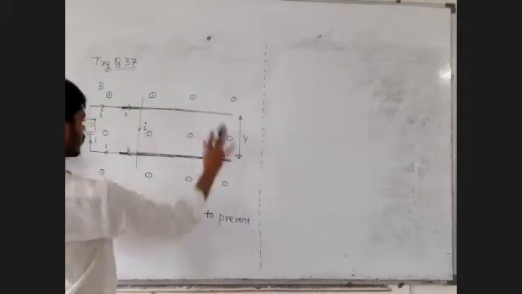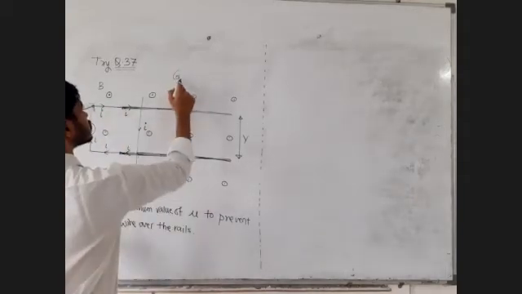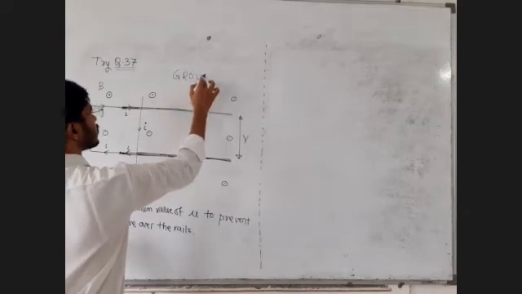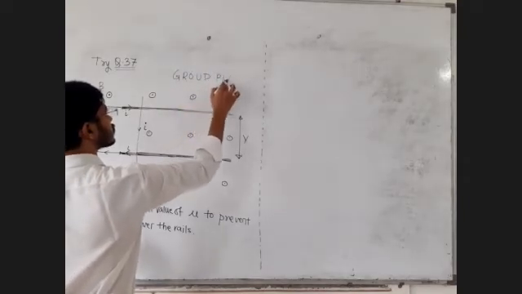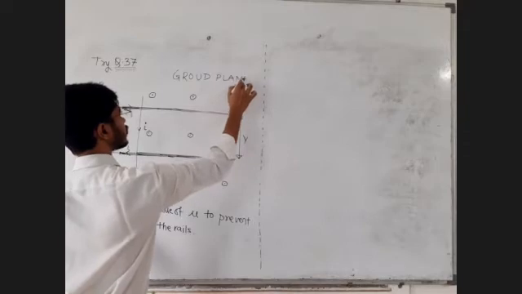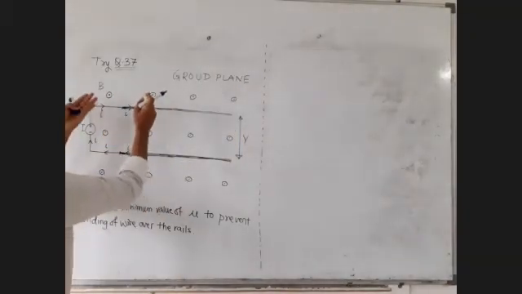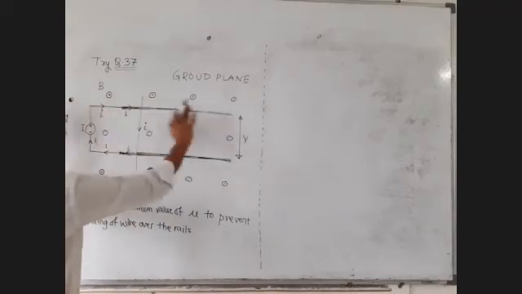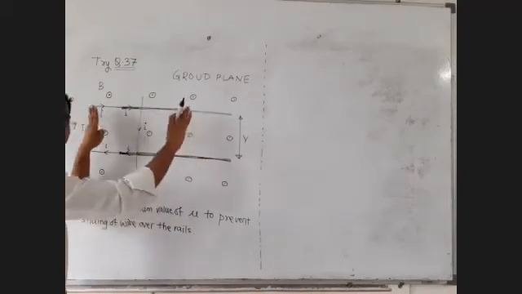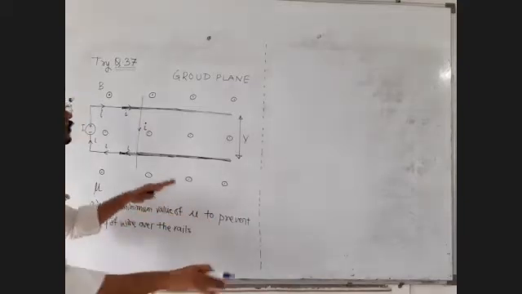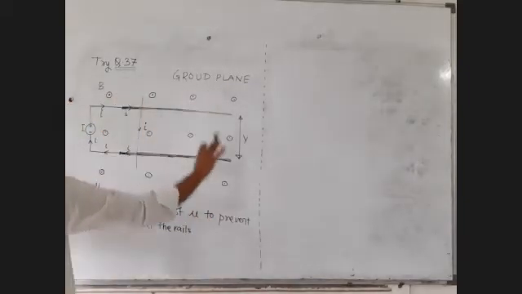This is the plane of the ground. The plane of the board is a ground plane, and the magnetic field is vertically upwards. They said the magnetic field is perpendicular and vertically upwards, so this is basically a horizontal plane.